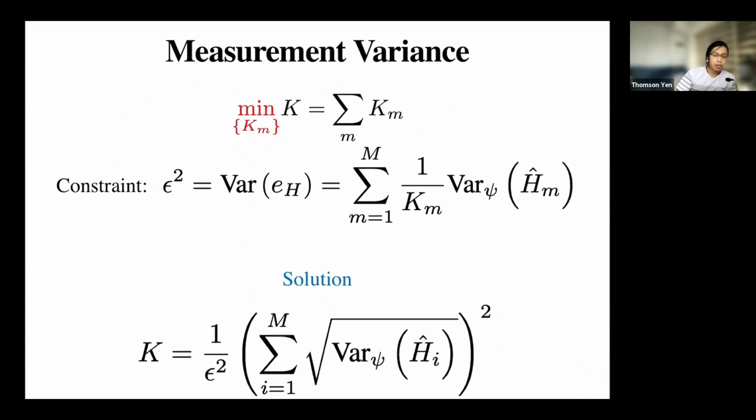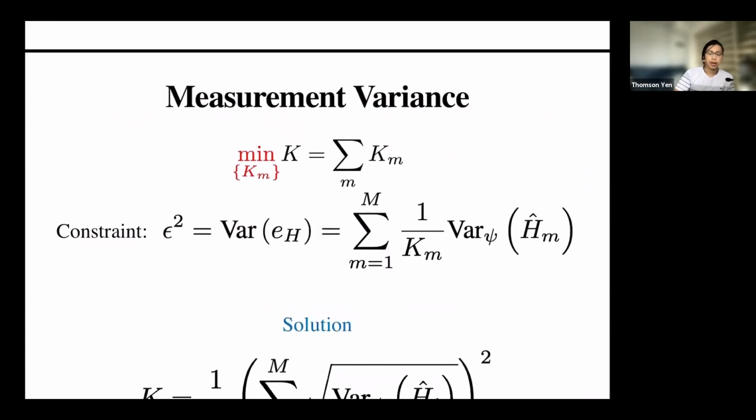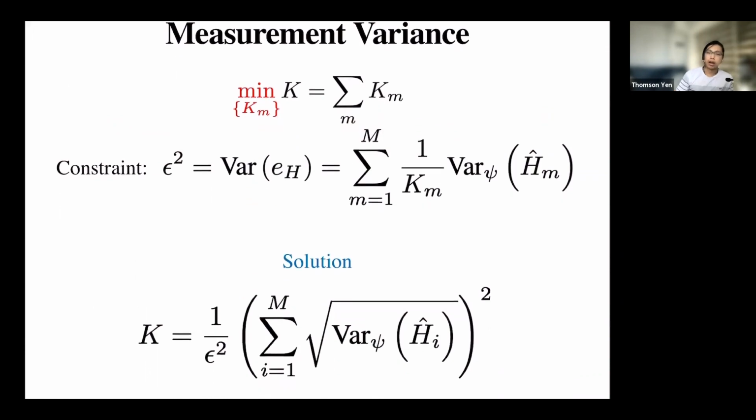Actually, there's a way to figure out the optimal choice of the measurement allocation, and we'll look at that here. So the goal is you want to minimize the sum over the total number of measurements you spent, and you have a constraint on how far off your expectation value can be from the estimator of your EH. That translates to having a constraint on the variance of your estimator.